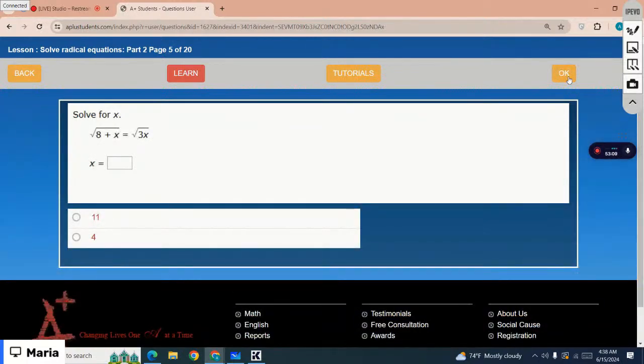Solve for x. 8 plus x equals square root of 3x. Basically, 3 is adding, right?